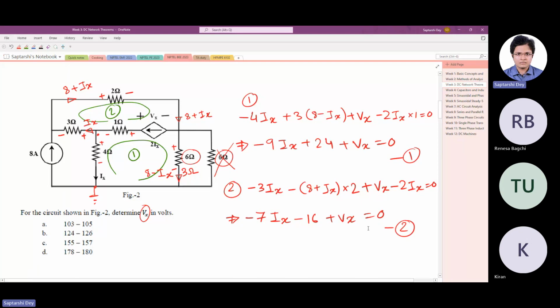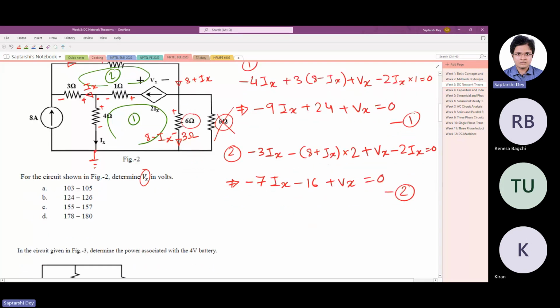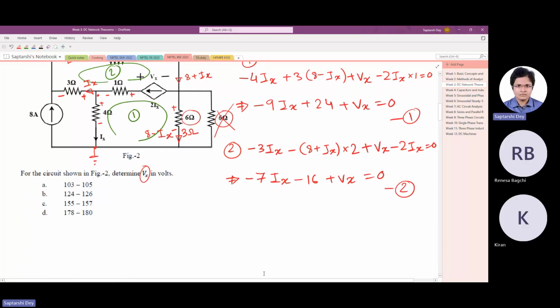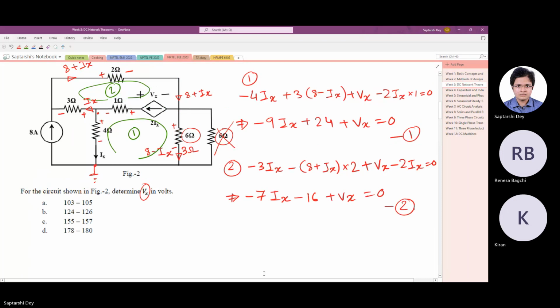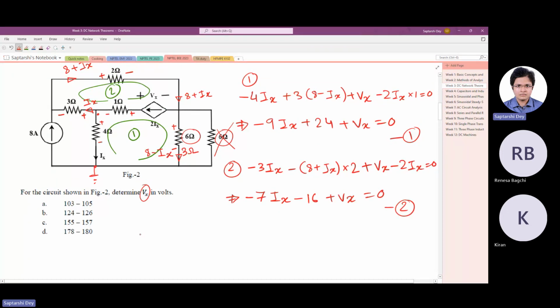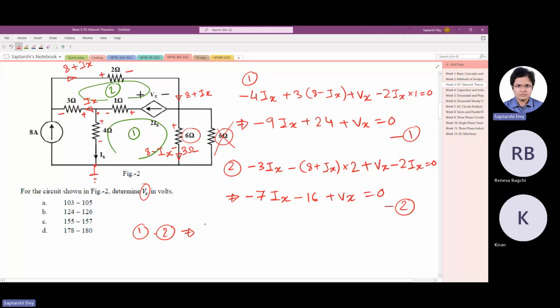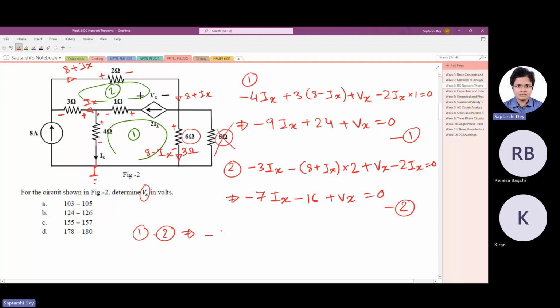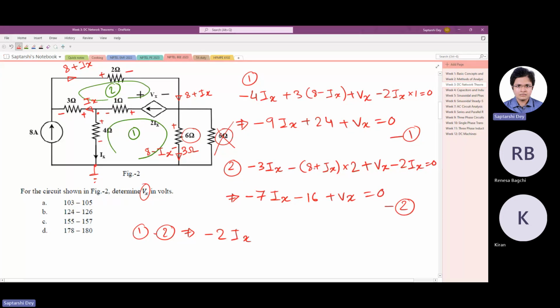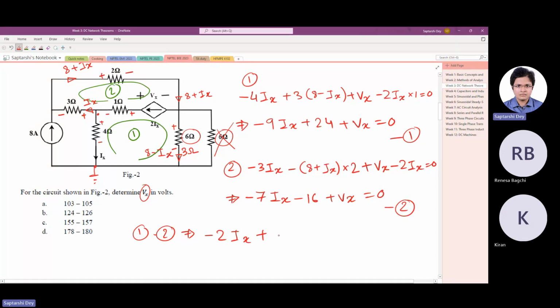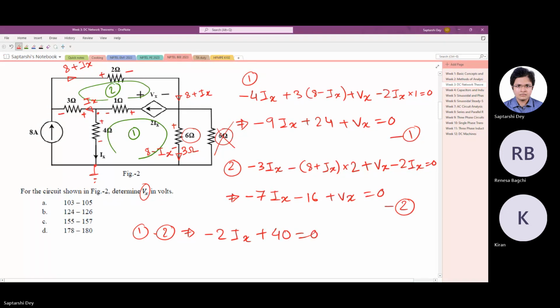We have to solve for Vx. Initially we can very easily find out Ix by eliminating Vx, although you have to find Vx. If you quickly do 1 minus 2, what you will get is minus 9 plus 7, so minus 2Ix plus 40 equals 0.